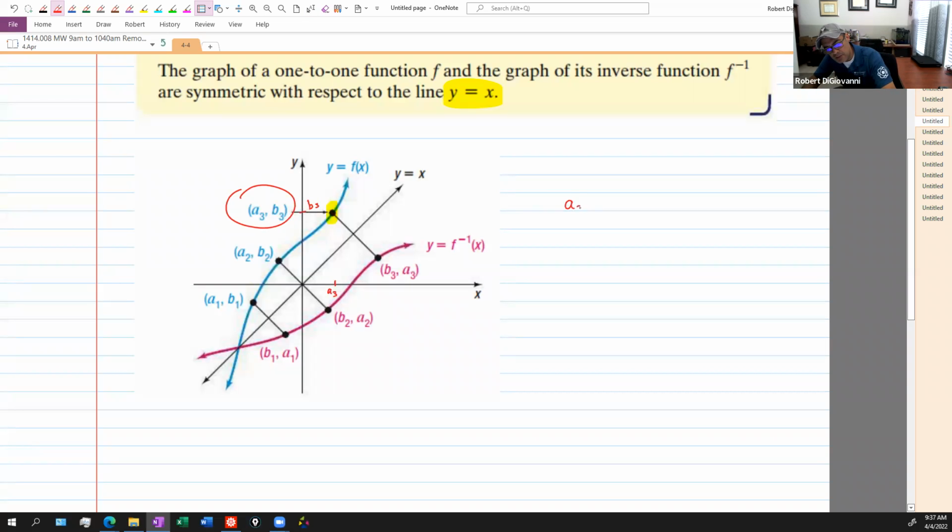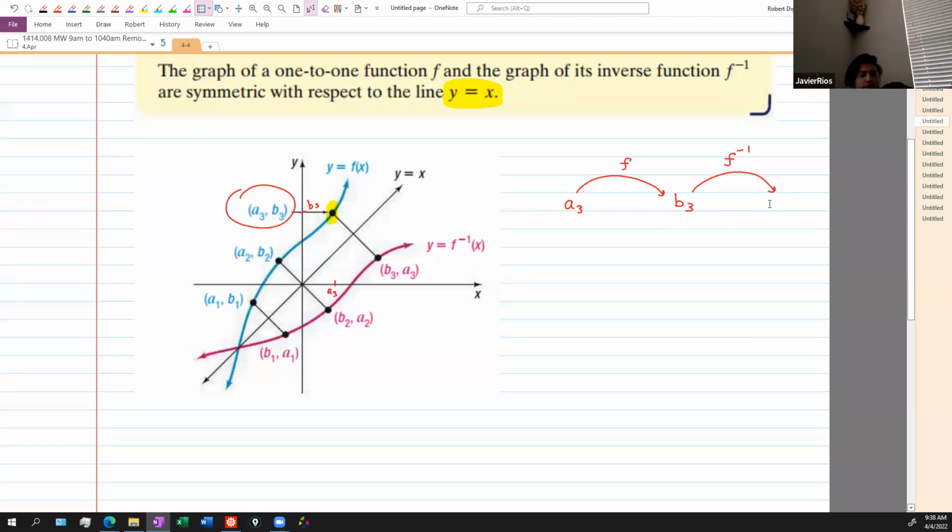If a3 goes into the function f, what does it come out as? So a3 goes in, what does it spit out? b3, right? So where should the inverse function take b3? Back to a3, right?